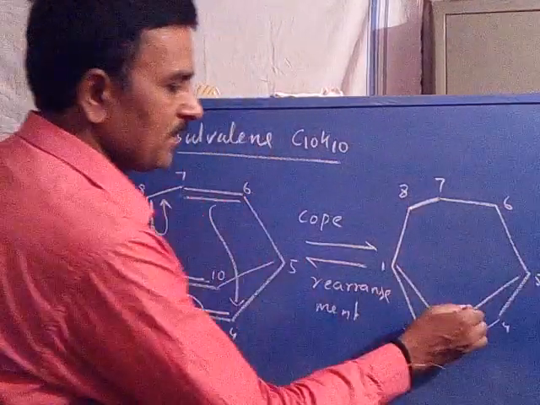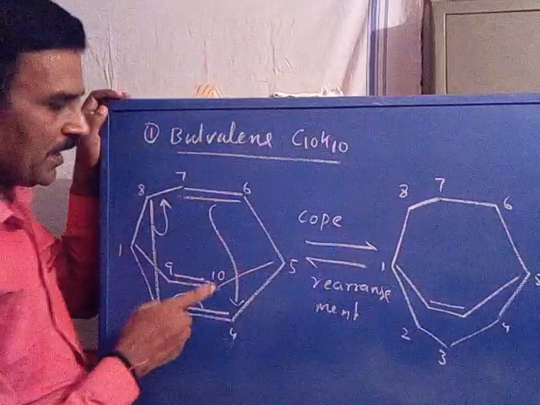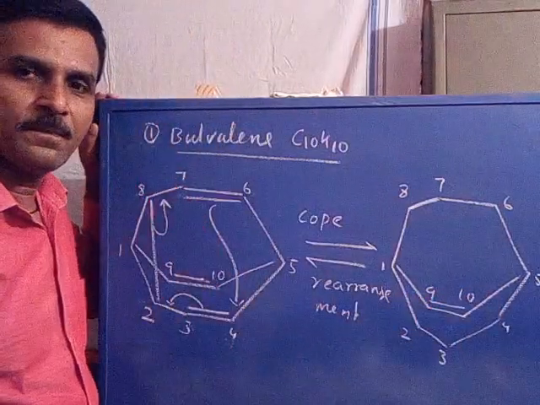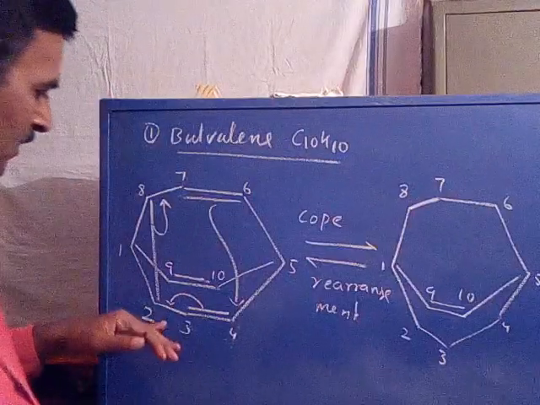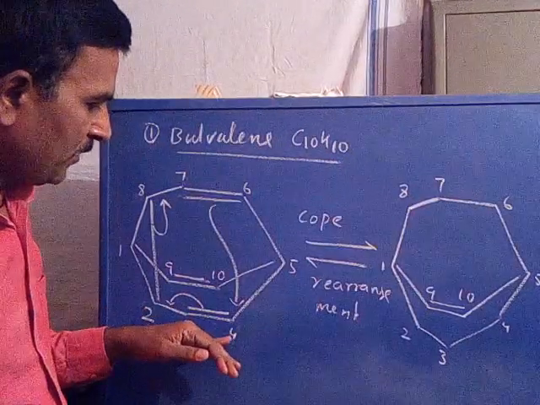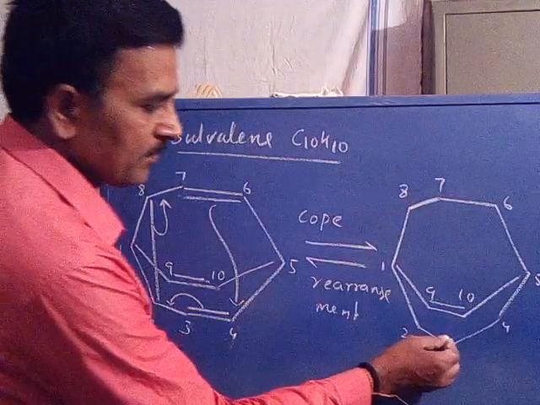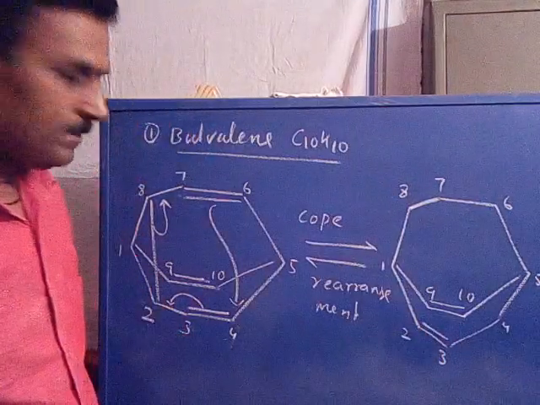There is a double bond unchanged between carbons 9 and 10. This is the 9th carbon, this is the 10th carbon. Now you see what happens.